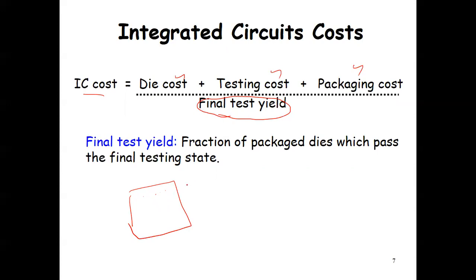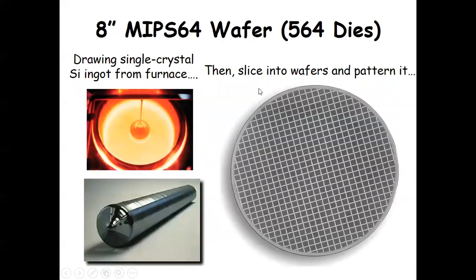Only some of the dies will pass through the test. Whichever dies pass through the test, that is called the final test yield. So the IC cost is calculated like this: die cost plus testing cost plus packaging cost, divided by final test yield, right?